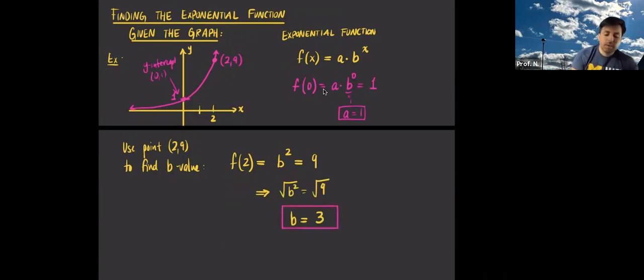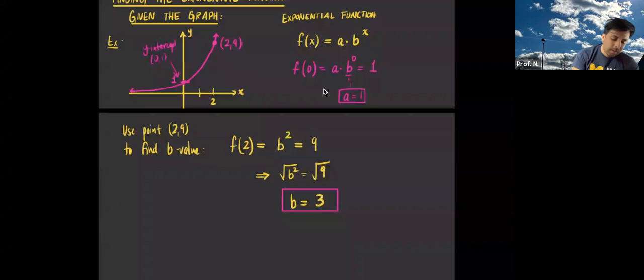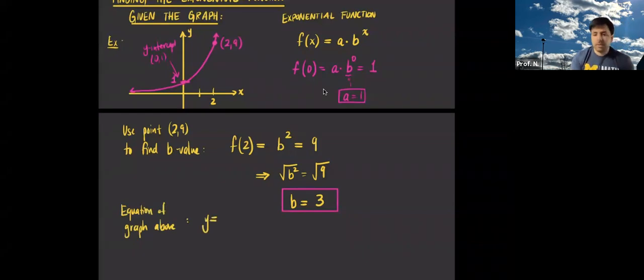So then what is the equation of this graph? The equation of the graph above is y equals, or f of x equals 3 to the x. Done.